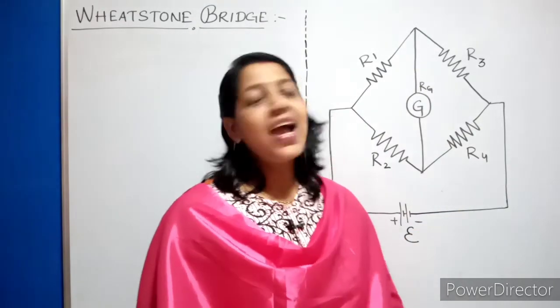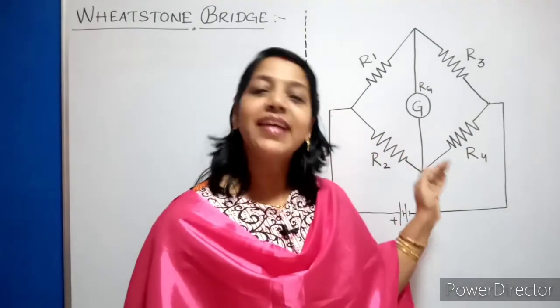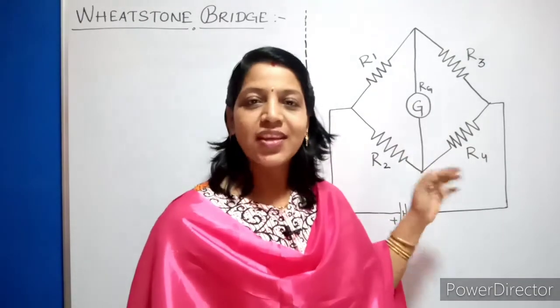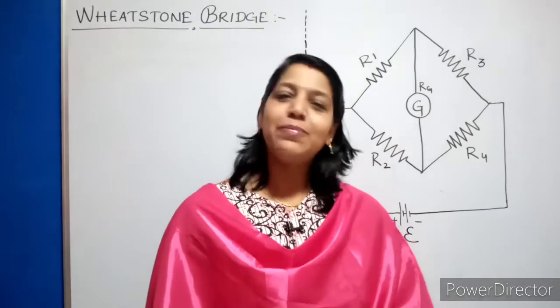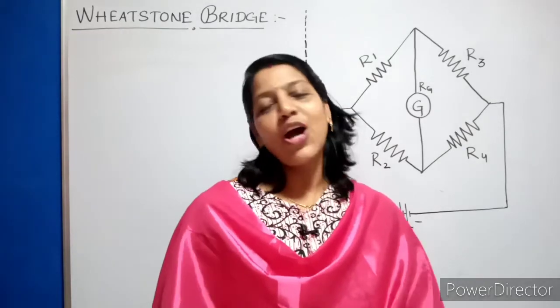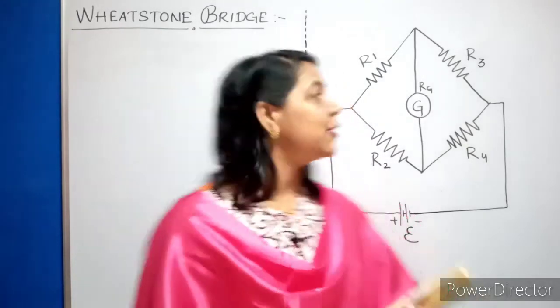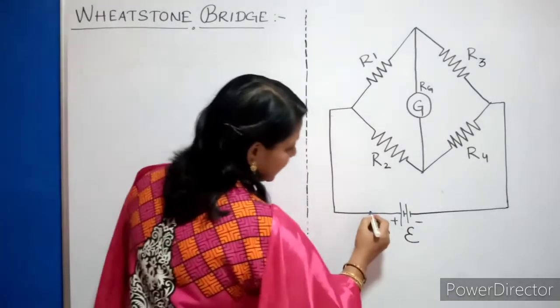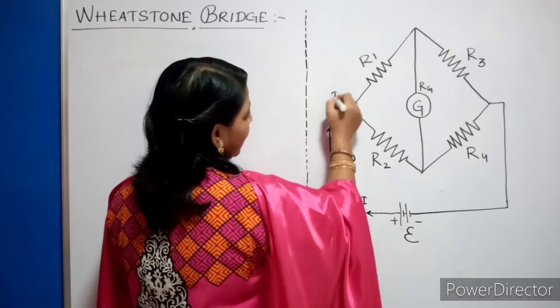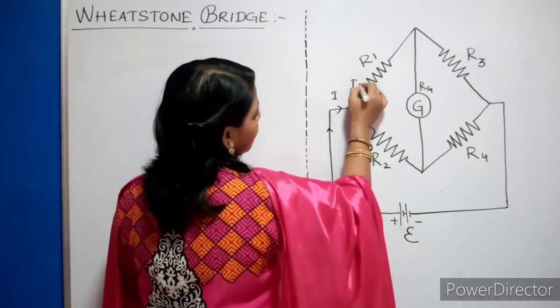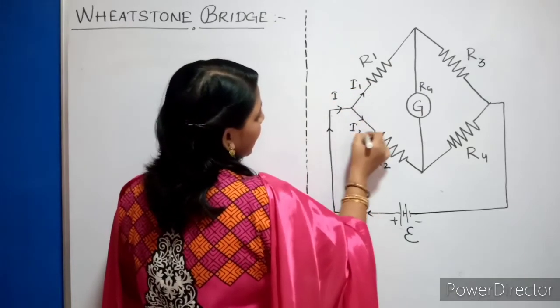Now let us see how you need to apply the KVL to this Wheatstone Bridge so that you will find the condition for the balancing of the bridge, from which you will find out the unknown resistance. Let's start. So first give the current. This is your supply, so let the current be I. The same current will come here, I. Now it will divide here, let it be I1, and I2.